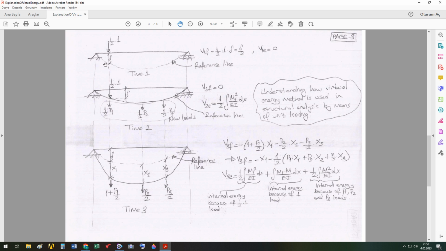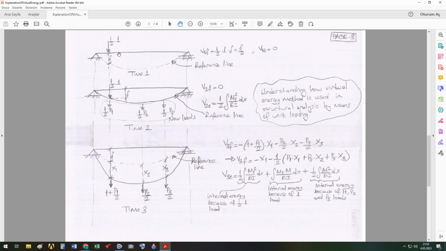And as a result, time 1 is when 1 unit load is applied. Actually, at time 1, its value is 0, but between time 1 and equilibrium position time 2, its average value is 1/2 times 1.